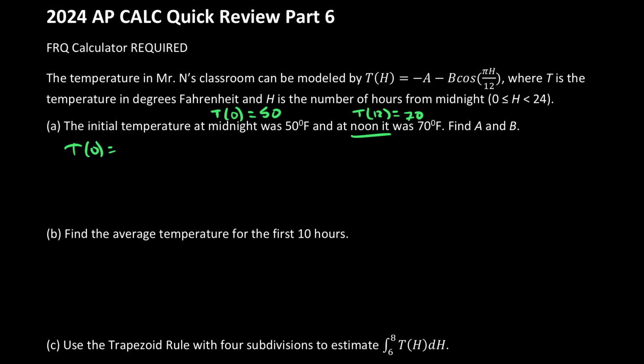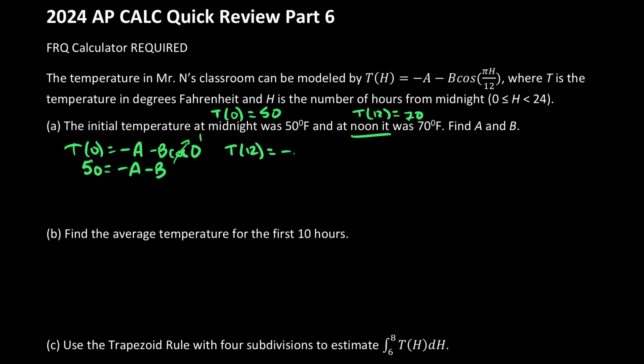So let's go ahead and write all this in. This is going to be negative A minus B cosine 0, and the cosine of 0 will yield 1, so I'll end up with 50 equals negative A minus B. And then if I did it at 12, I get T of 12.